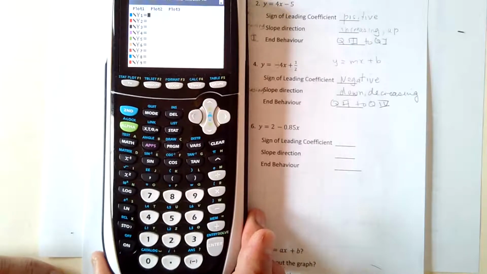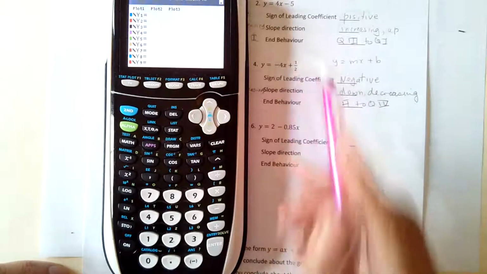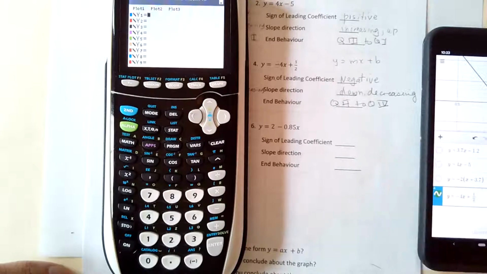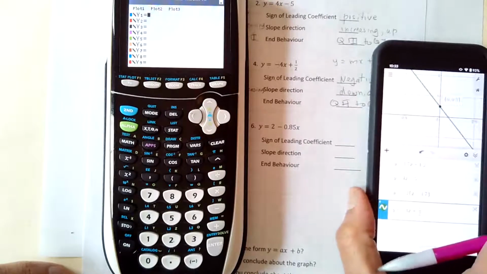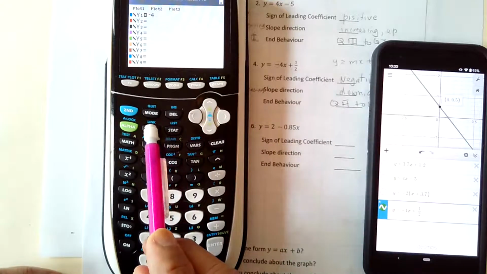Some of you will encounter some challenges. So negative, not the subtract sign. Slightly different from Desmos. Desmos allows you to use the subtract as a negative sign also, not the calculator. So you have to put a negative sign. Then it's 4x, so it's your x button here.